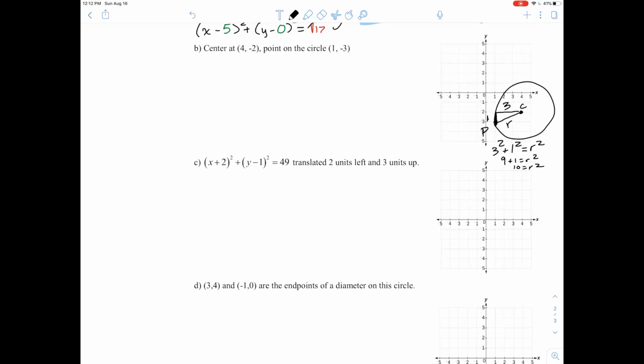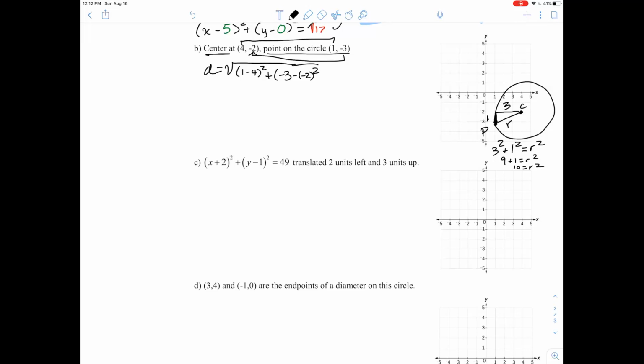The other thing you could do is, because this is the center and this is a point on the circle, you just want the distance between those 2 points, right? So you could use the distance formula, which says you're going to find the distance between your x's. So that would be 1 minus 4 quantity squared, right? And then the distance between your y's, which would be -3 minus -2 squared.